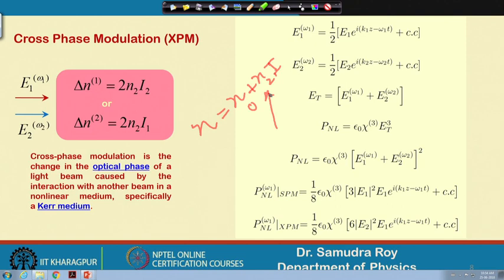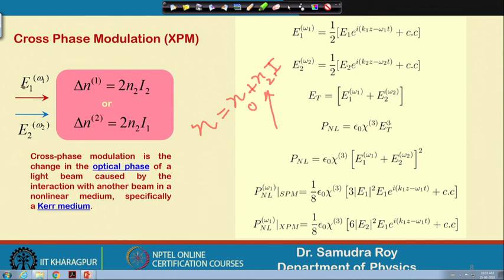But what happens if in that particular system we launch not one wave, but two waves, as shown here, E1 and E2 with frequencies omega 1 and omega 2? For these two waves, the refractive index is also modified, and this modification will be twofold. One modification will be due to its own wave, and on top of that, because of the presence of the other wave, this fundamental wave will experience a change of refractive index.